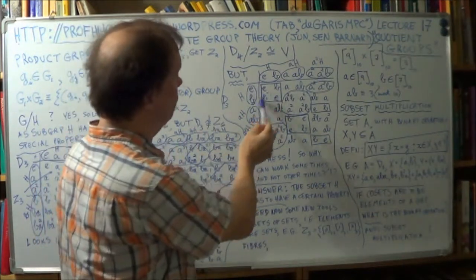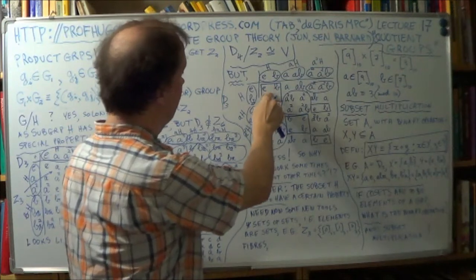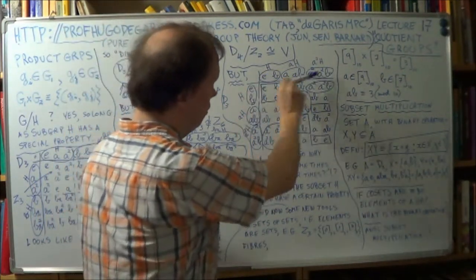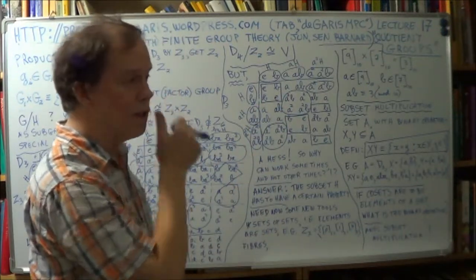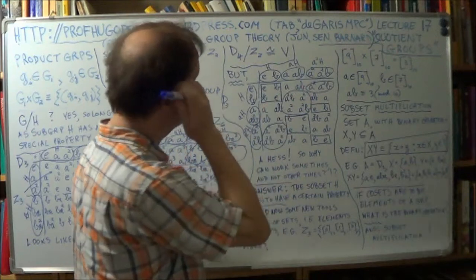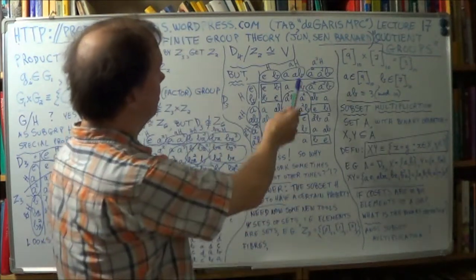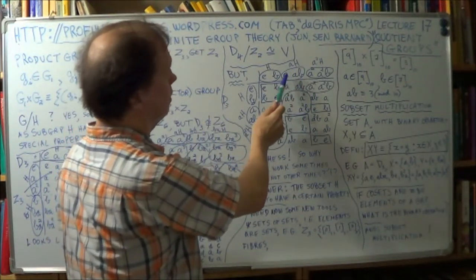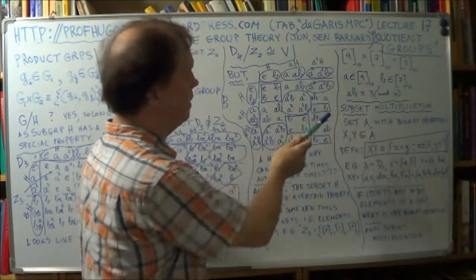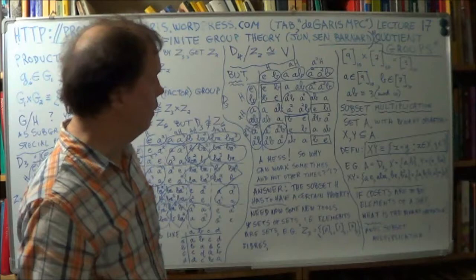This here is Z2. Okay, so again, continue the rest of the list of the elements in the group and put them in the form of cosets. So these two would be the coset AH, and these two would be the coset A squared H, right?